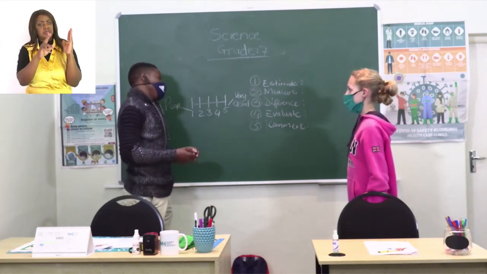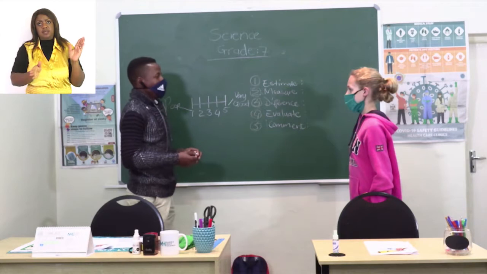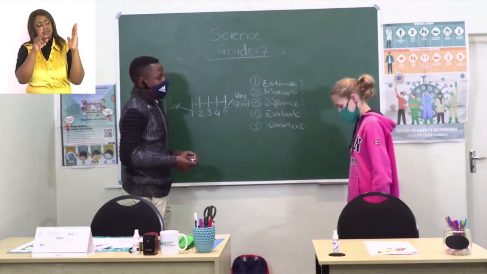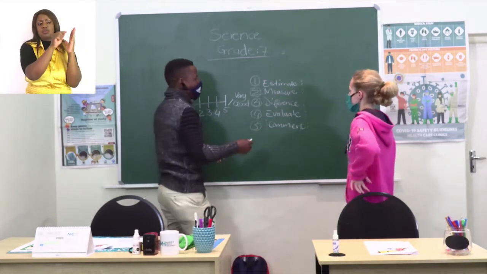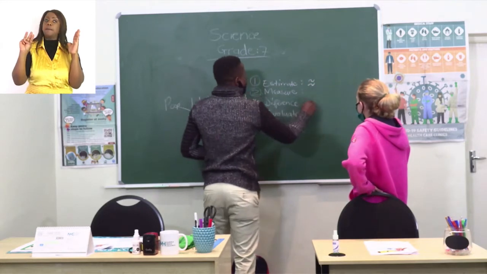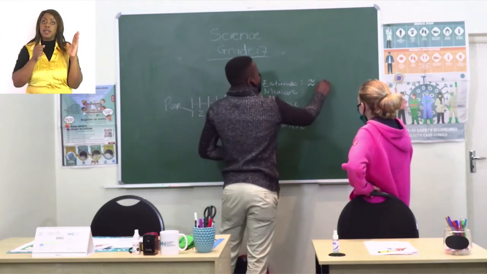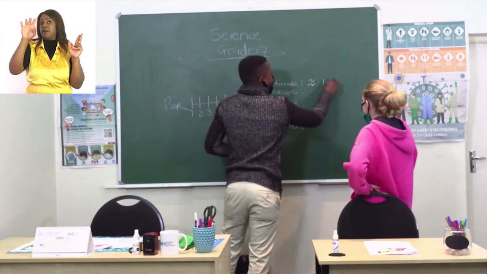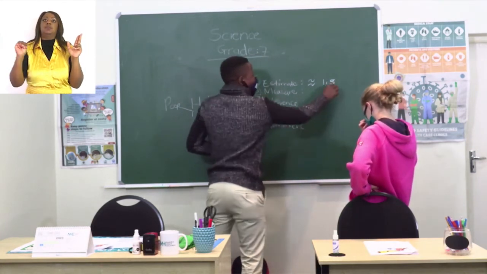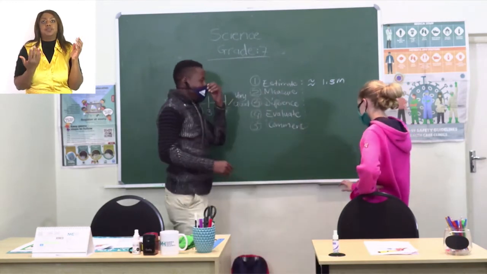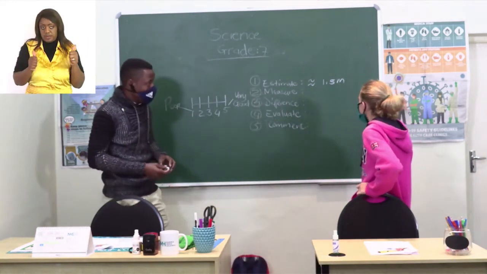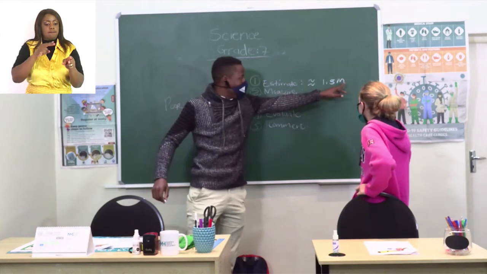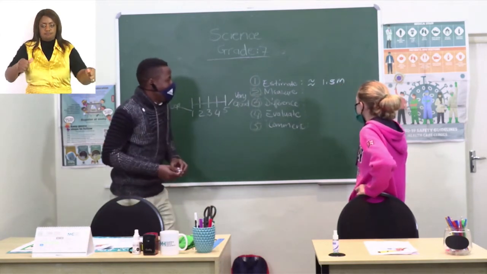If I have to guess, I would say it's 1.5 meter, maybe. This would be my estimate. So your height maybe is 1.5 or 1.6, 1.5 meter. The unit must also be indicated.